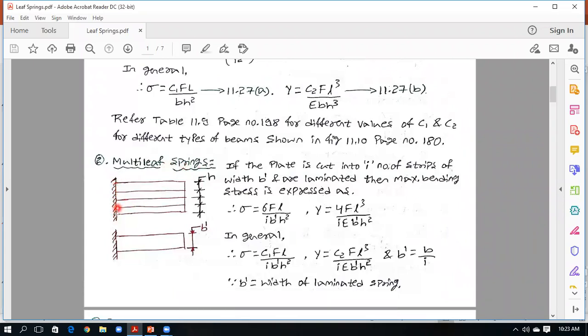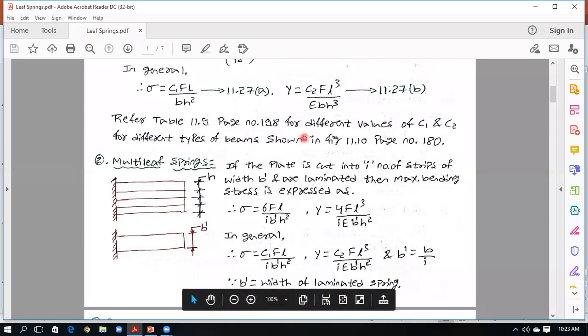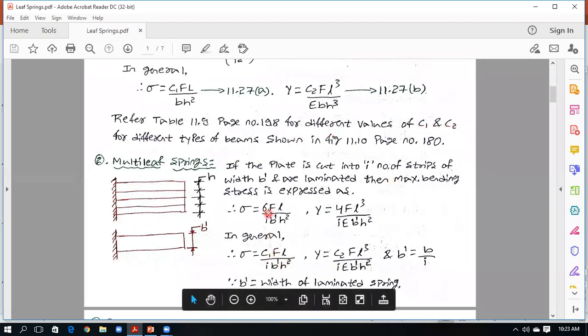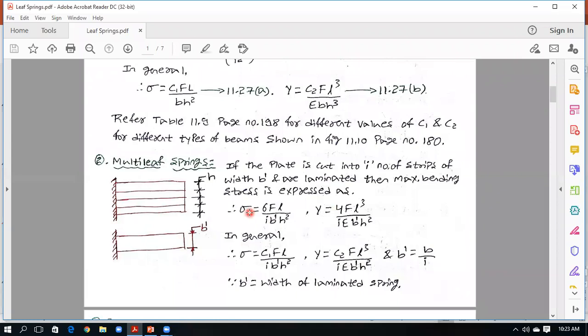Here you can see that it is fixed at one end, free at the other end, and the cross section is constant. For a constant cross section, the values of C1 and C2, which you have seen in the previous table, are C1 equal to 6 and C2 equal to 4. I have substituted those values here, and you will get the value of maximum stress and deflection in the cantilever multiple leaf spring.